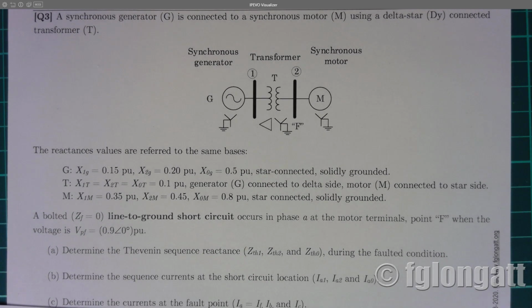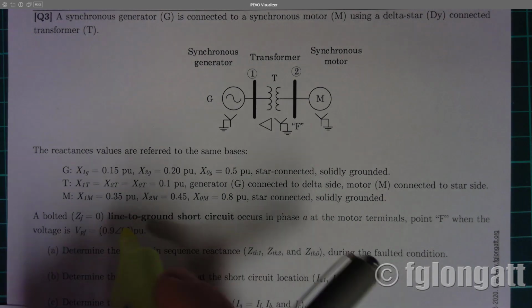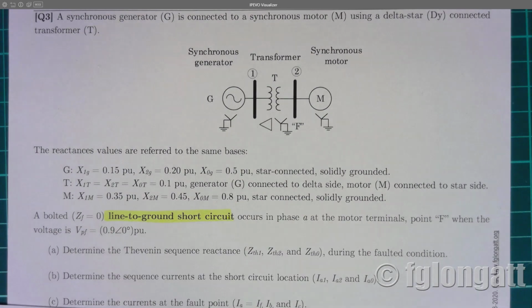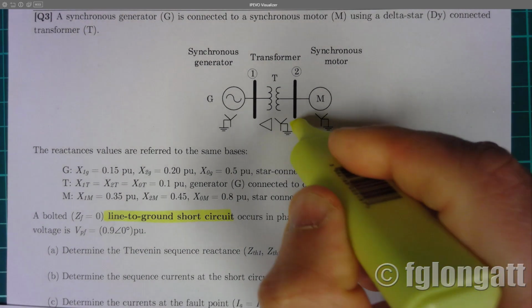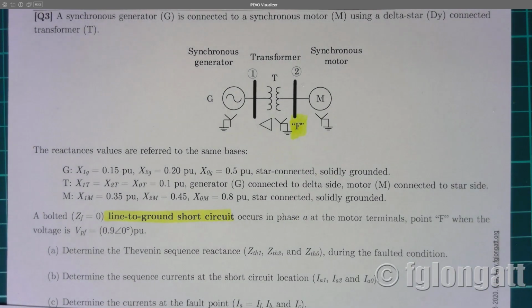What it is saying here is that we have a very important asymmetrical fault. In this case, we have a line to ground short circuit, and it occurs here at the bus bar number 2, point F, as you can see over here.